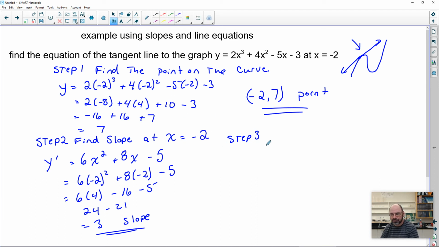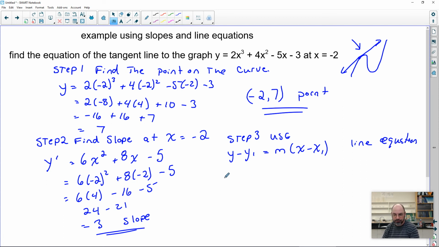So use y minus y1 equals the slope times x minus x1. That's that line equation. Okay, and then we'll put it into standard form. So there's our slope and there's our point. So the point is going to be where the ones are, and the slope is going to be where the m is.